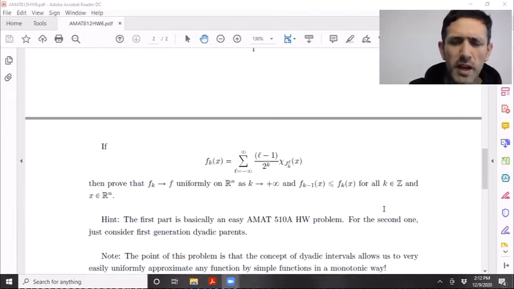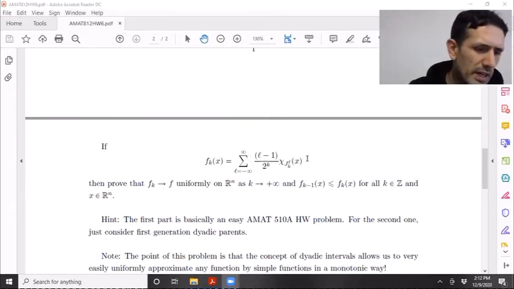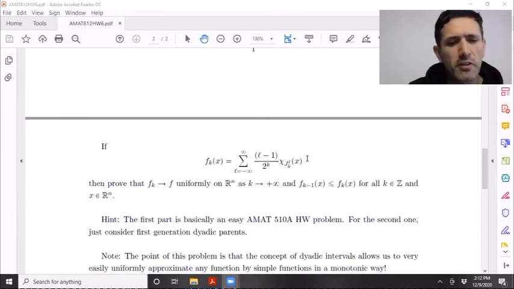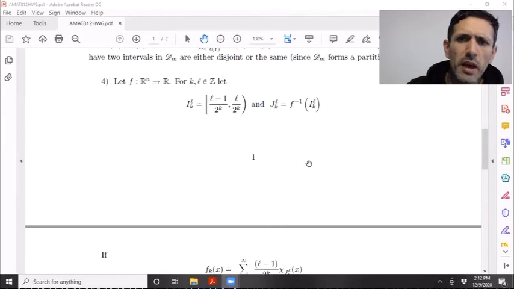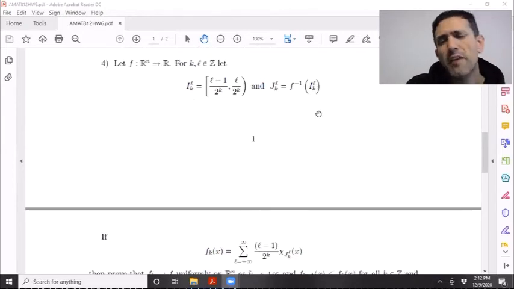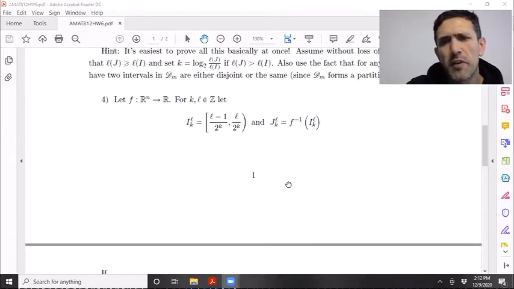Well, technically, this is an infinite sum of characteristic functions, but almost simple functions in a monotone way. Certainly, if f is bounded, this will be a simple function because there's only going to be a finite number of non-empty j's.